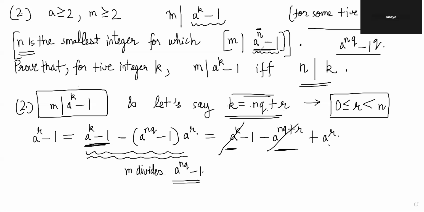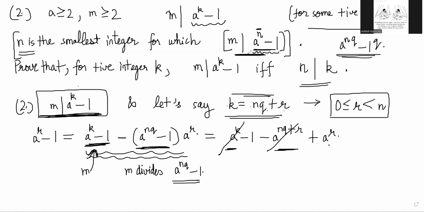Because a power n minus 1 will divide this, right? Yes. So we know m divides this also, because that is our assumption now, right? And m divides this also, because that is given in the problem from here. So therefore we know m divides a power r minus 1, right? Yeah. Okay.